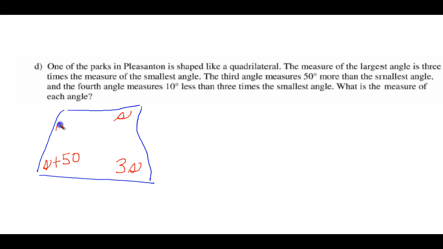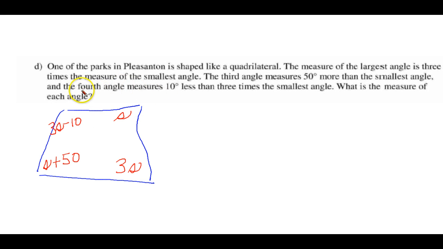So this is the smallest angle, 3 times it, and then 10 less. So we've taken the information, and again, I've read this a couple of times, made a figure, and we've just designated our angles, and it's not proportional.